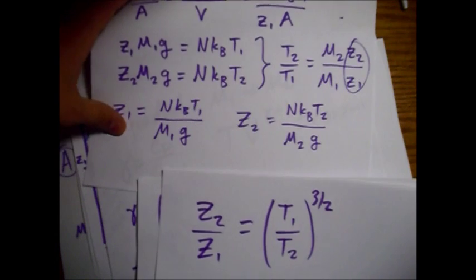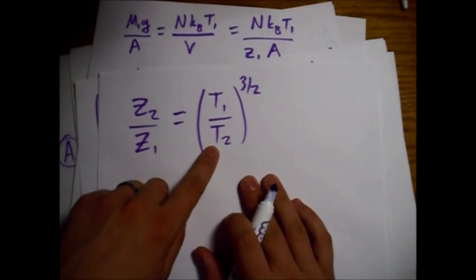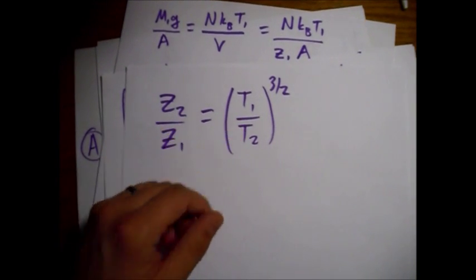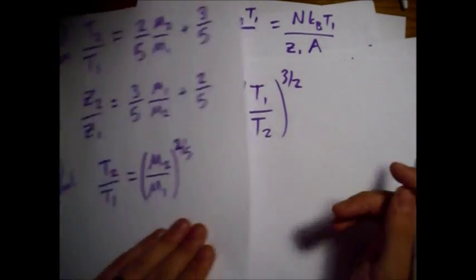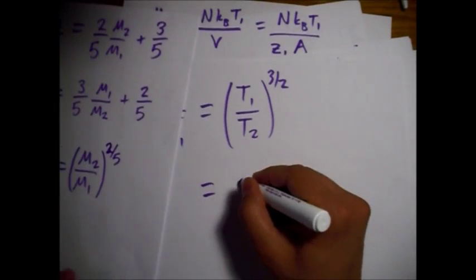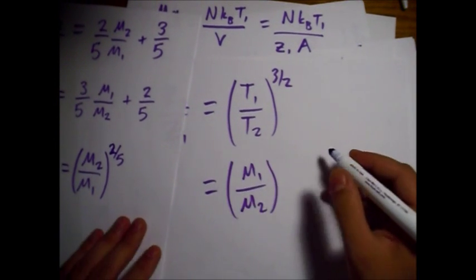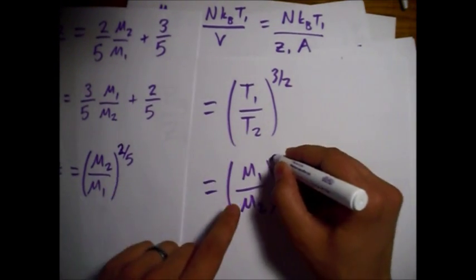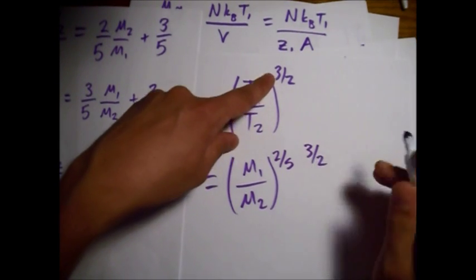We already have this ratio basically. This is flipped upside down, so we have an M1 over M2, and it's to the 2/5, and then it's to the 3/2.